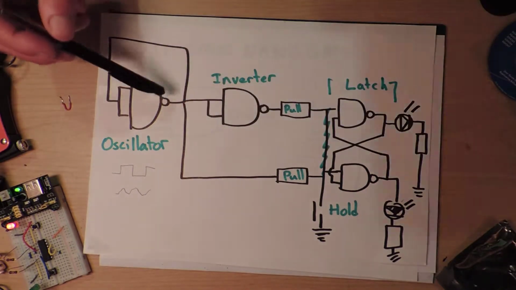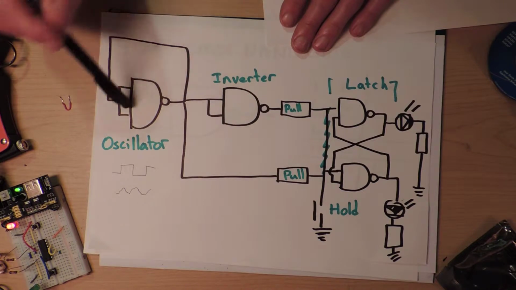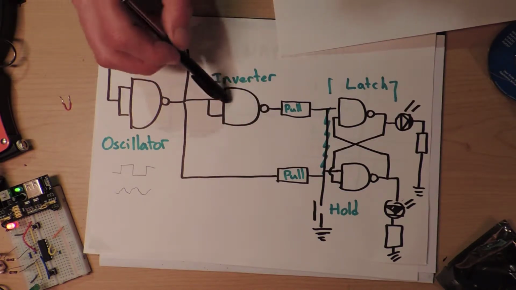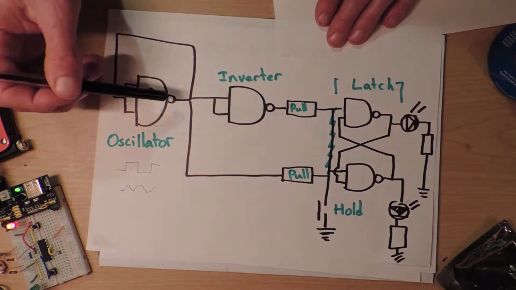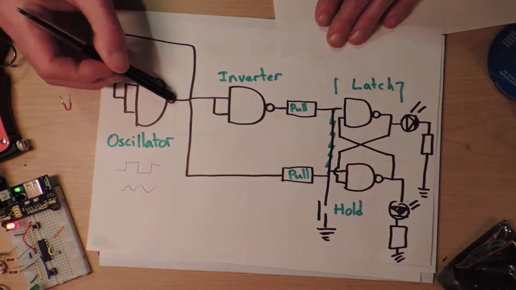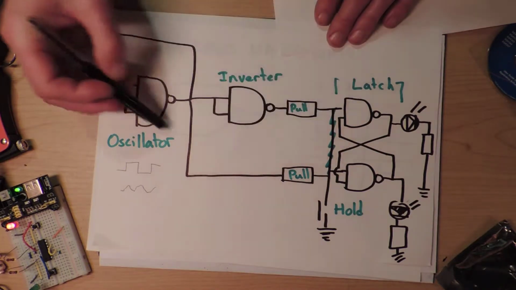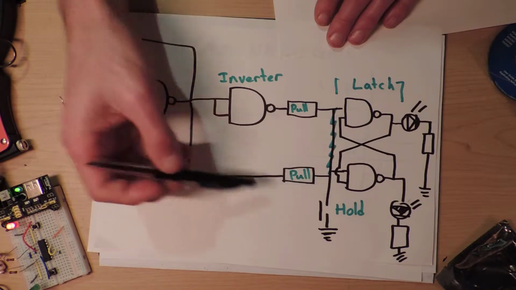And at the same time, if it's high, it's going to go into this bit here, which is an inverter. So again, we've got two inverters here. This one's inverting the signal, so high is going to be low, and then you're going to have a low going into here. So if this is high, you're going to get high here, low here. And if this is a low, it's going to go in here, be inverted, and get turned into a high. And if it goes this way, it's not going to be inverted.